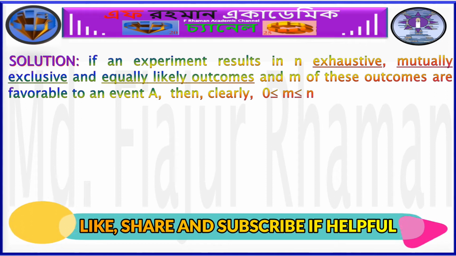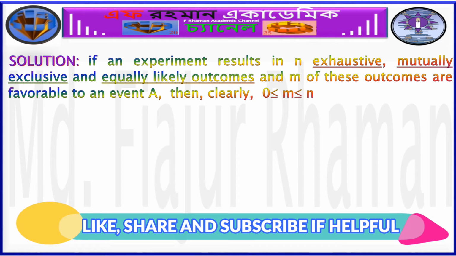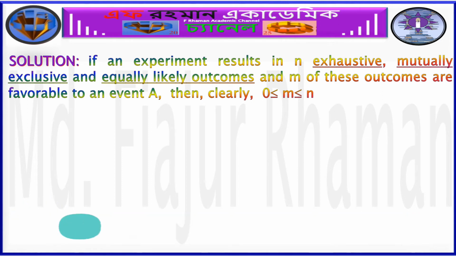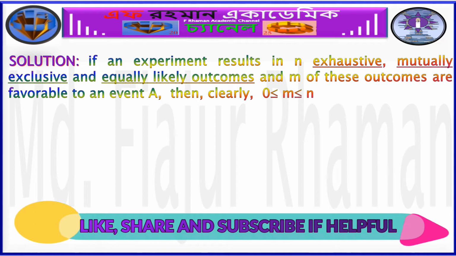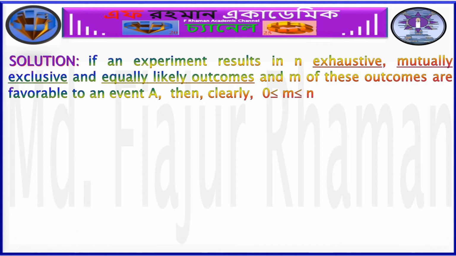Let us explain. n is the number of elements in the sample space and m is the number of elements in the event A. The lowest event of a sample space is an impossible event. The number of elements of an impossible event is 0. The event A may be at least equal to an impossible event and at most equal to the sample space. That's why m can never be less than 0 and greater than n. It means m will be from 0 to n.